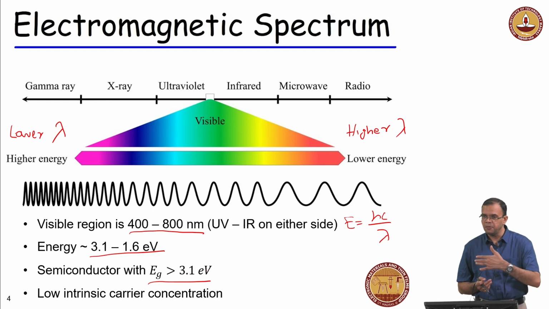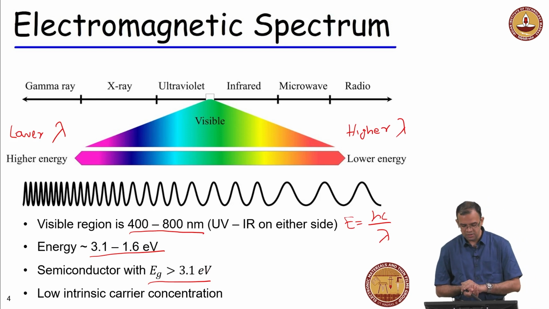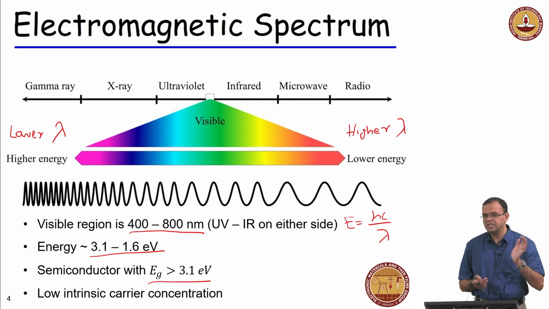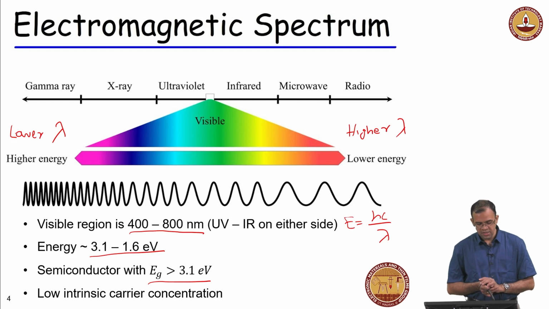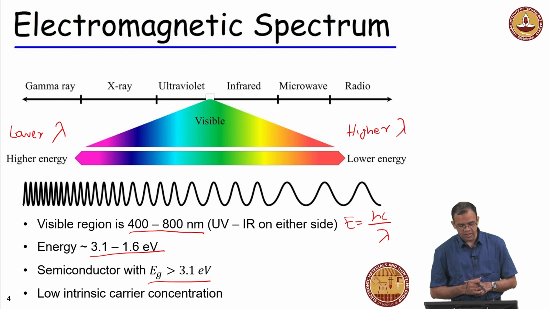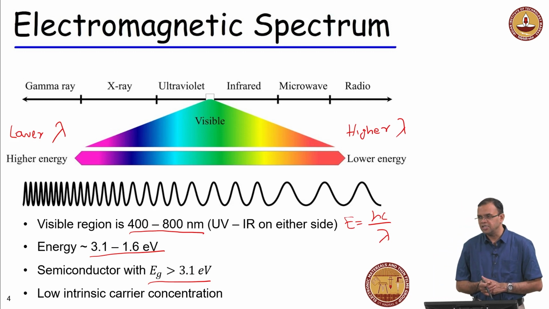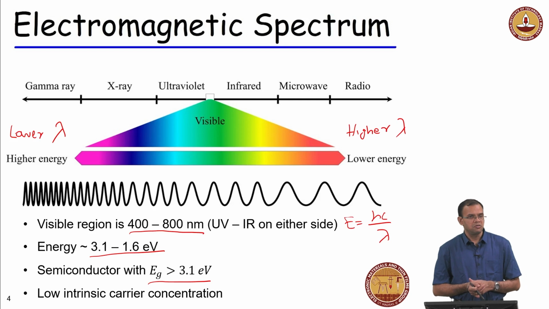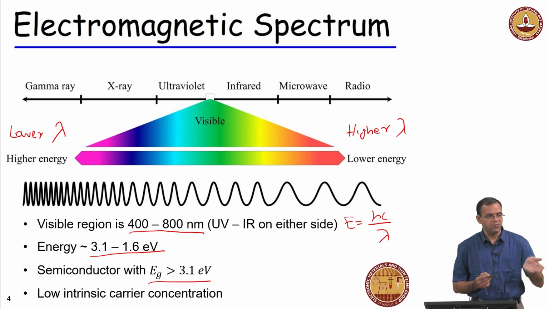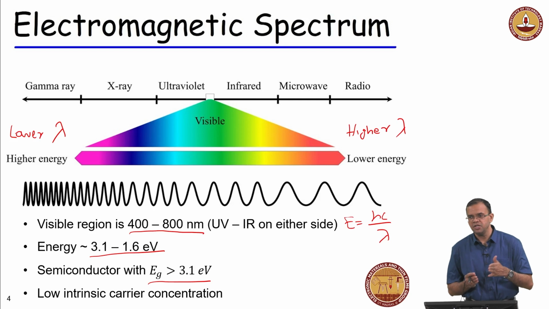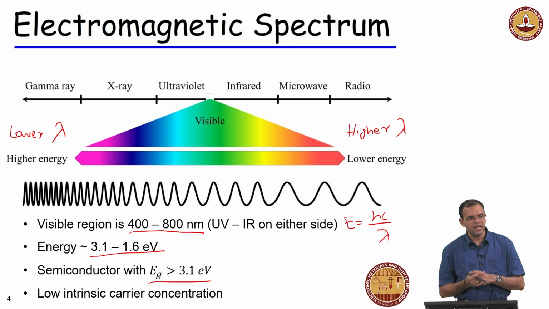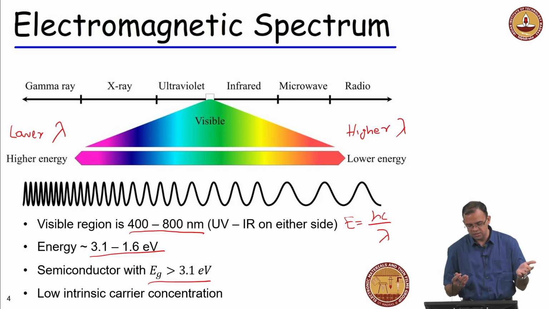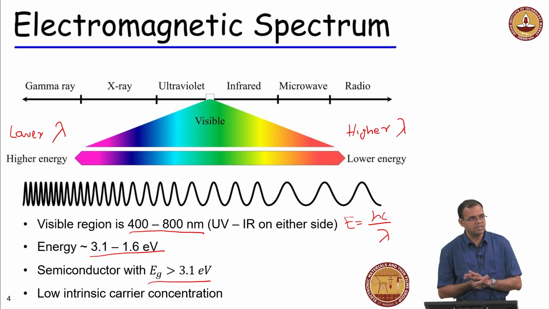It is going to pass through the semiconductor, and then we say that the semiconductor is transparent to that particular light. So as long as I have a starting material whose band gap is greater than 3.1, then I have a transparent semiconductor. That's why people usually say that 3 electron volts is the boundary between semiconductor and insulator. Anything that's more than 3, 3.5 is called an insulator. Of course, there are exceptions to this rule.